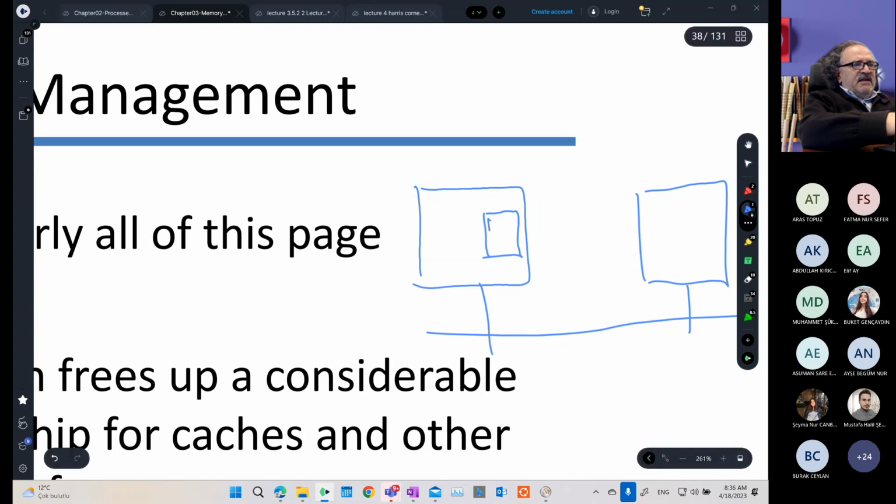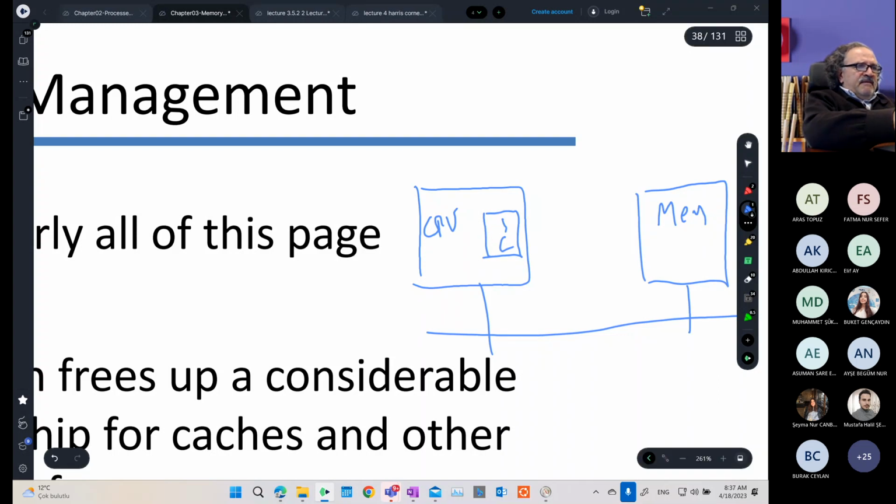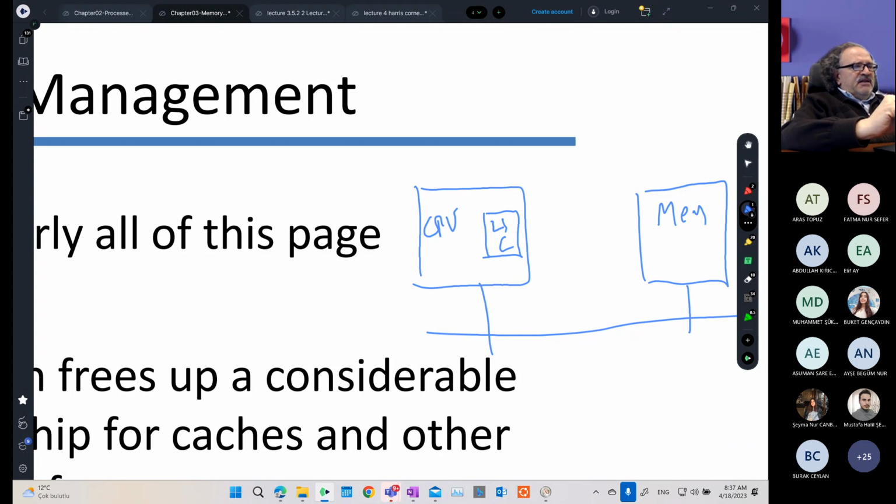Let's say this is the level 1 cache. So between the CPU and my memory, there is a level 1 cache and two other caches too.